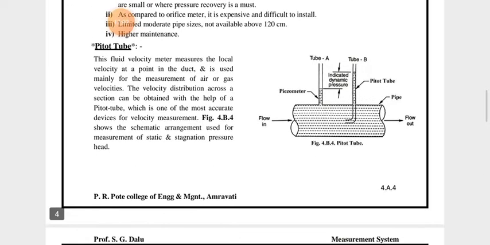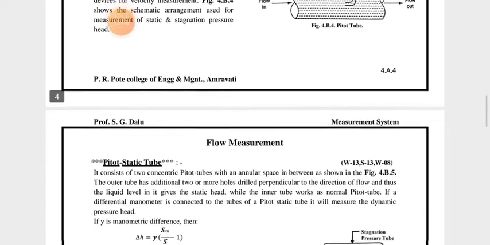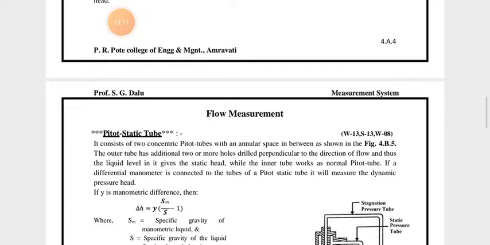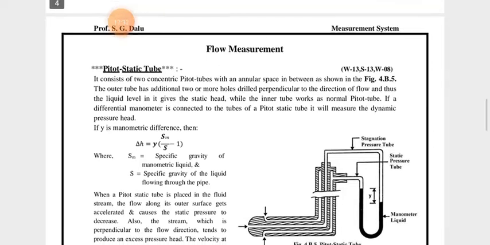Out of that, we will go for the pitot static tube. The question related to the pitot static tube was asked in the exam, that is winter 13, summer 13, winter 8. The pitot static tube consists of two concentric tubes with an annular space in between as shown in the figure.